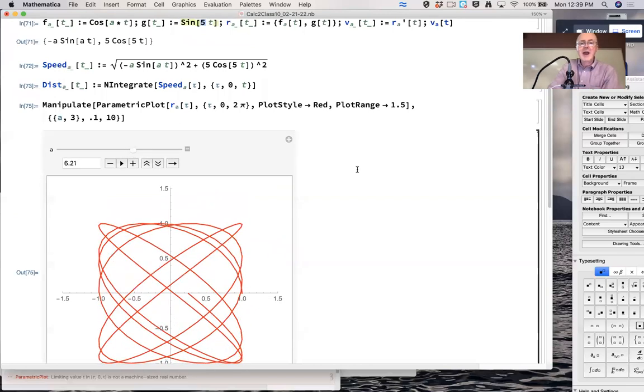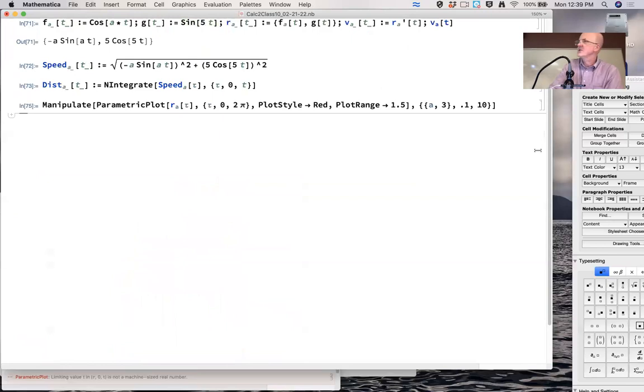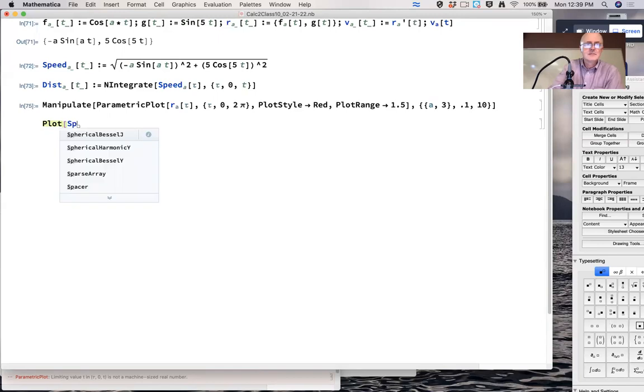You could also make graphs of the speed and distance traveled. Let's just do the speed because I think the distance traveled would take too much computational time. An ordinary plot of the speed and see how A affects things. Except I need to put it inside Manipulate again.